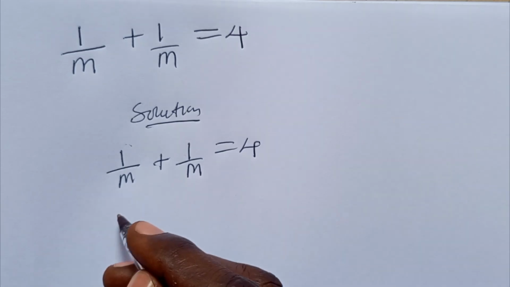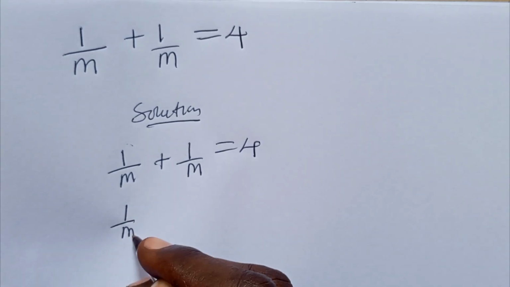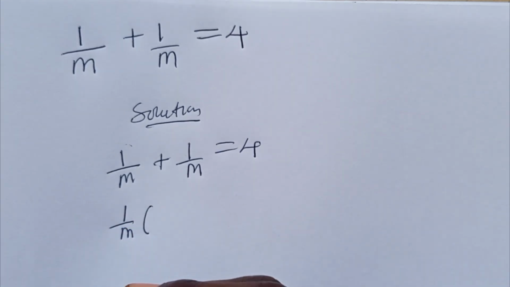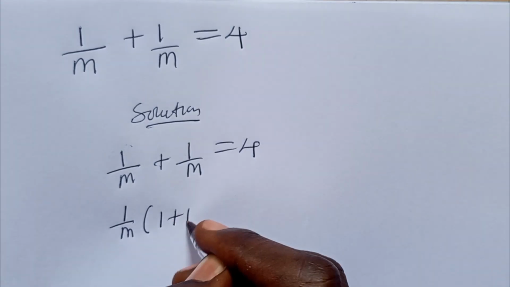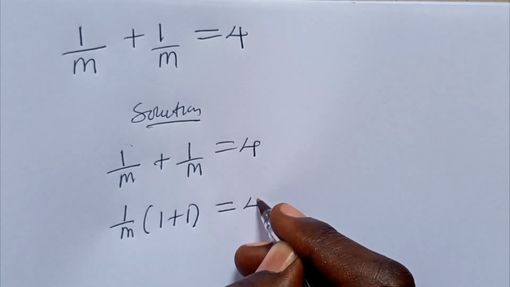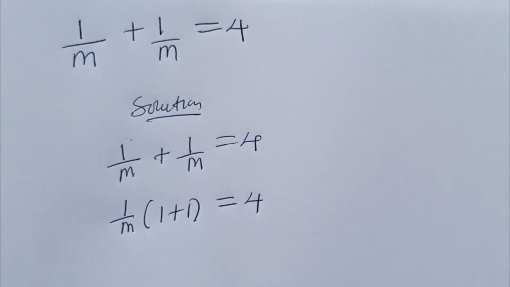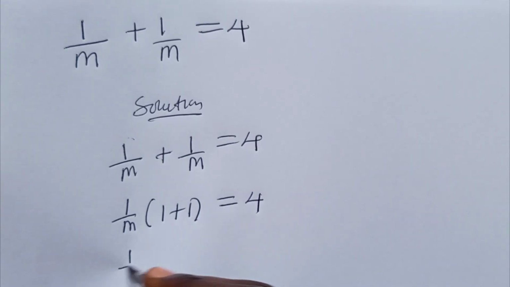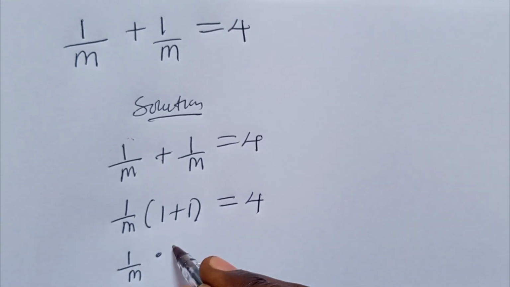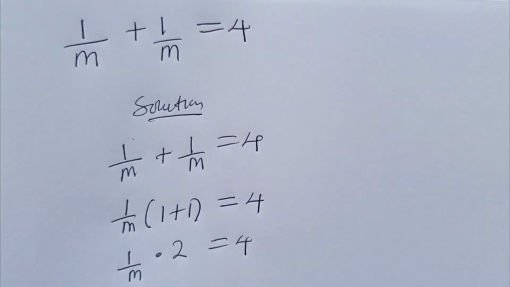So if this is what we have, 1 over m is common between this and this, such that we're left with 1 plus 1, which is equal to 4. So 1 over m times 1 plus 1 is going to be 2, equal 4.